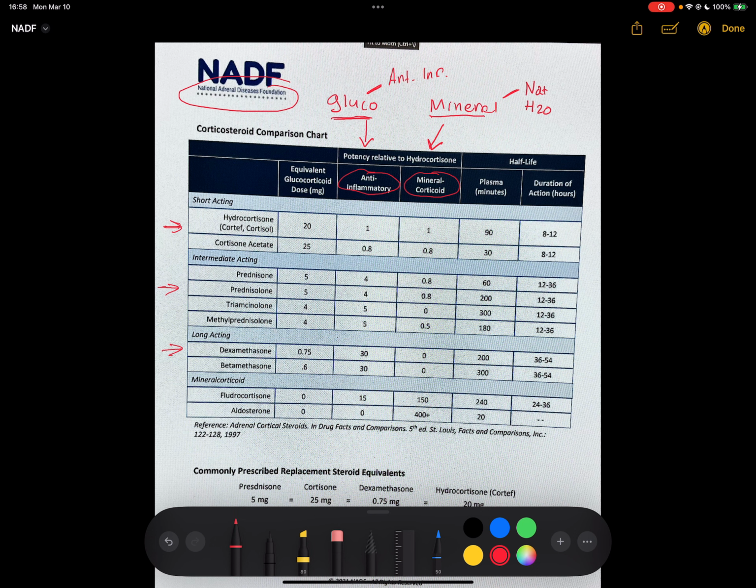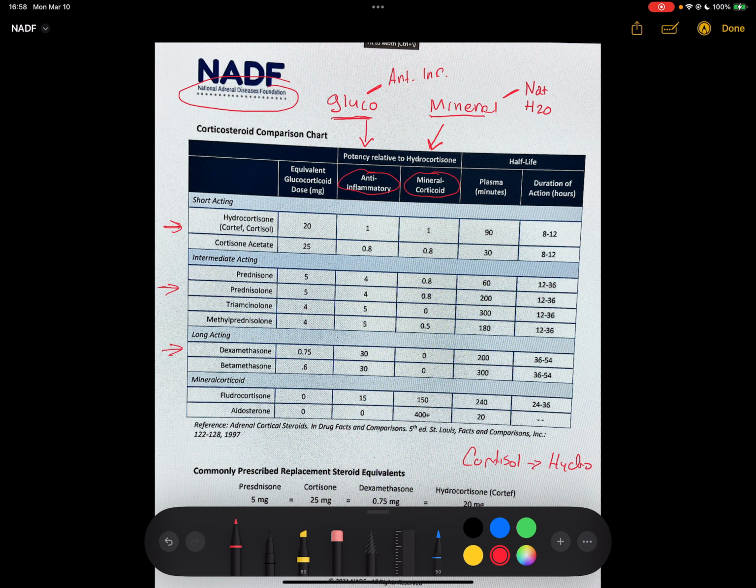And if you recall from prior videos, cortisol or cortisone gets converted to hydrocortisone. So under the short-acting category, you have these corticosteroids that are going to be very similar to the cortisone that the adrenal cortex releases, and they're going to have very similar effects.